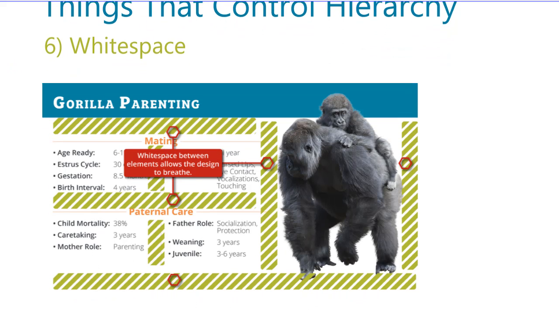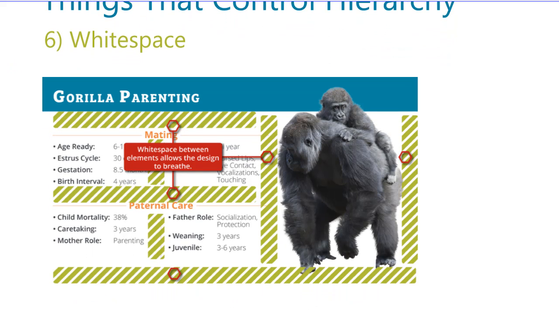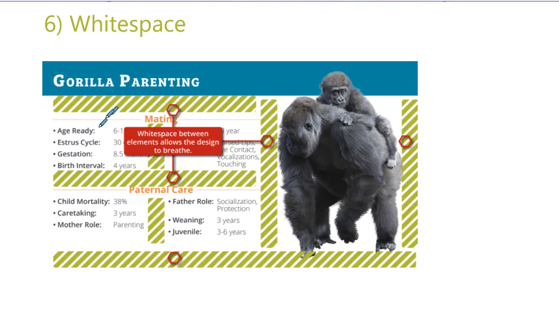The next thing is white space. So white space is everything but the words, colors, design elements, and stuff like that. So here, we got spacing from the gorillas from the edge of the screen. We got spacing from the gorillas between the letters. So the more white space you add between elements, it's going to give this thing more prominence because it's taking up more space on the page, right?